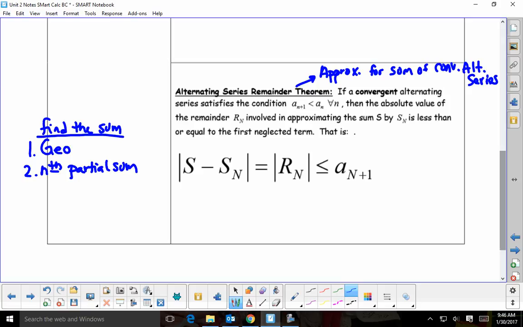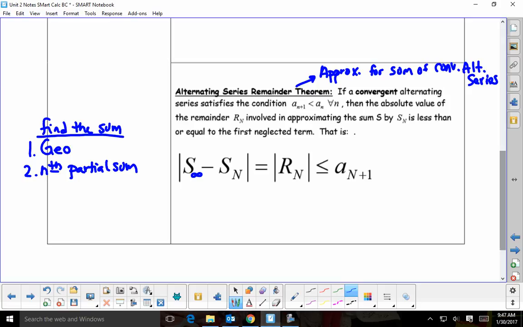So let's see what this says. It says the actual sum, that's the S. A lot of times we say S sub infinity, so when you just see the S, that means S sub infinity.